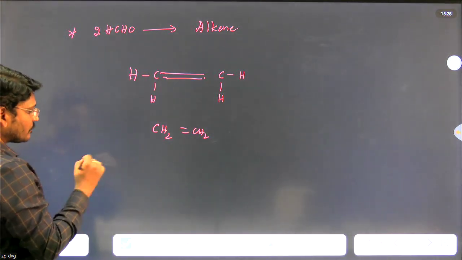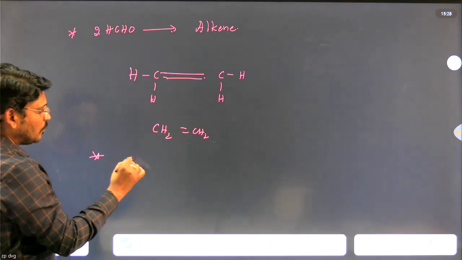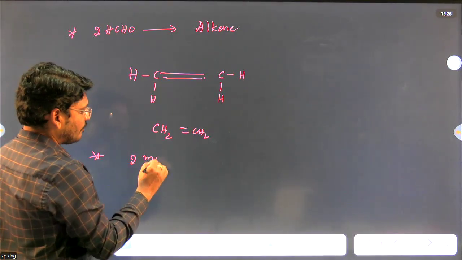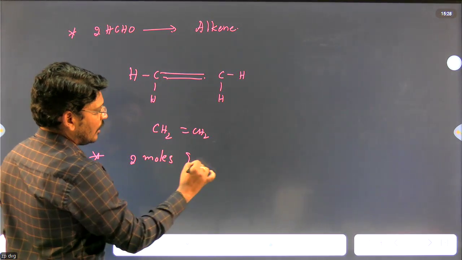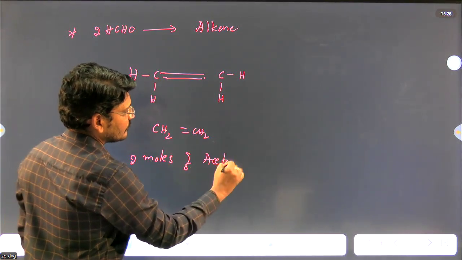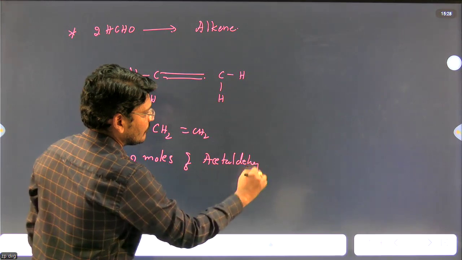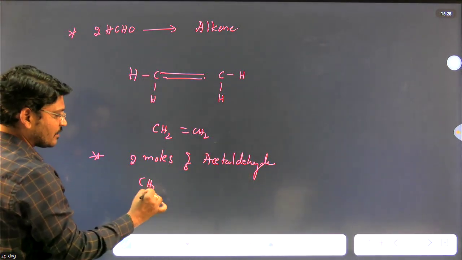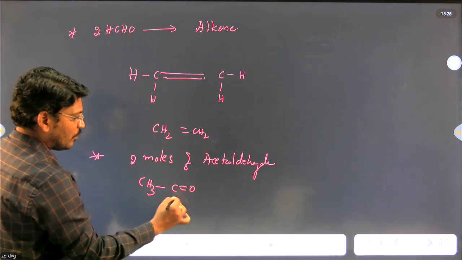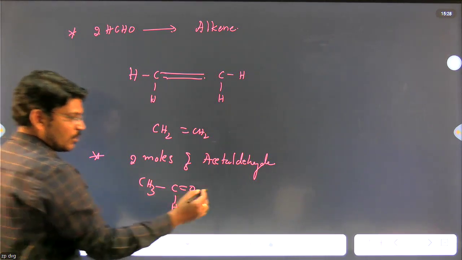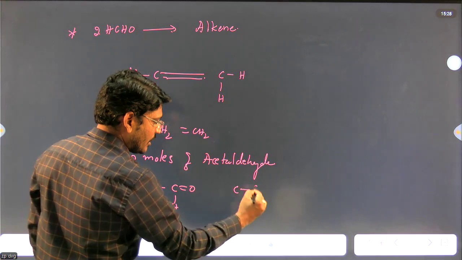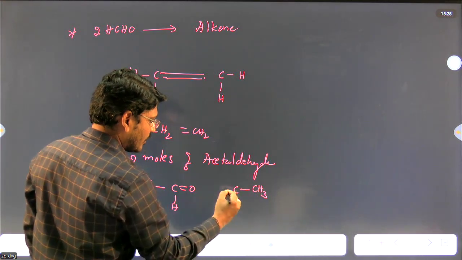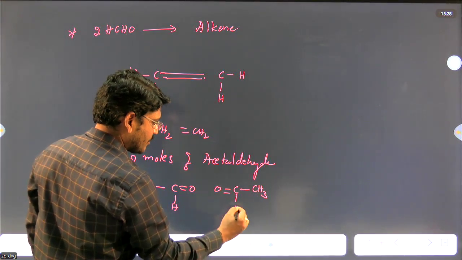To get 2 moles of acetaldehyde, what should we do? We can consider the acetaldehyde formula, that is CH3 C double bond OH. 2 moles should come, so we can take one more also, CH3 with double bond OH.